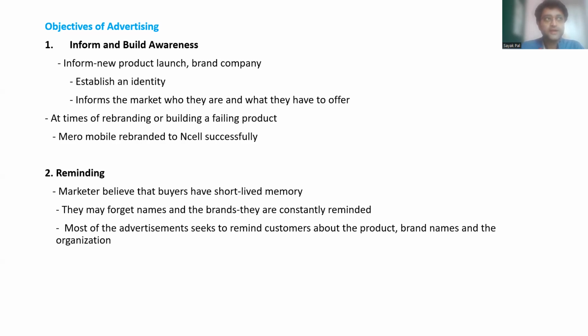Before we conclude this point, what is rebranding? For example, if you want to change the identity of the brand to a different quotient. Your brand holds a different kind of identity and you want to change it.